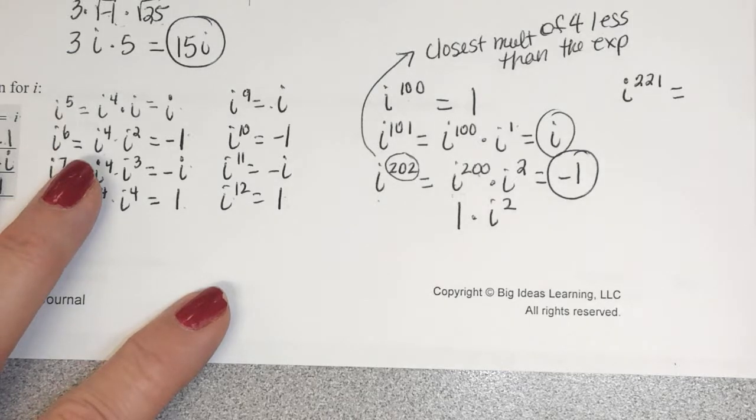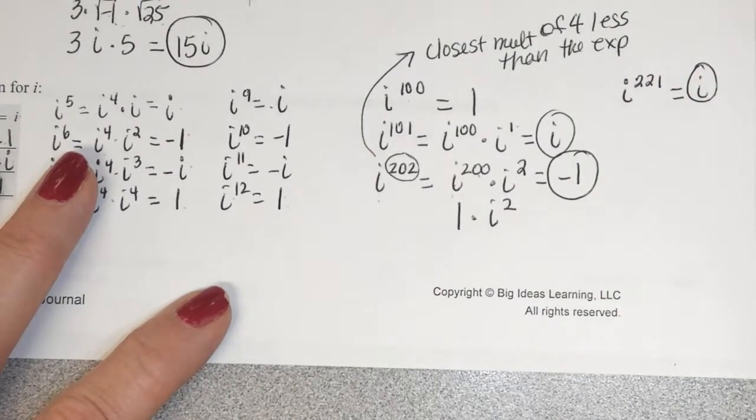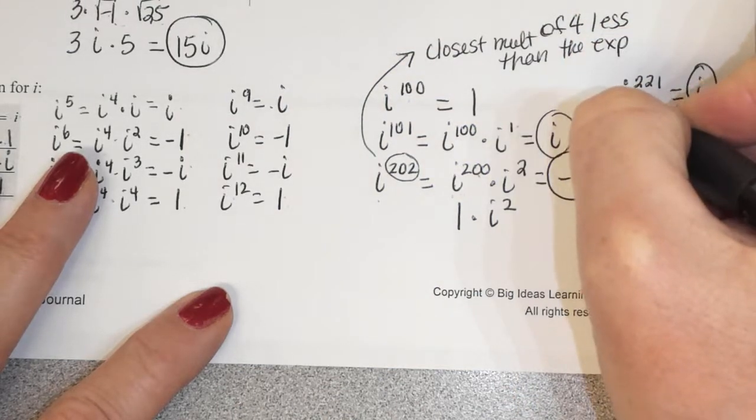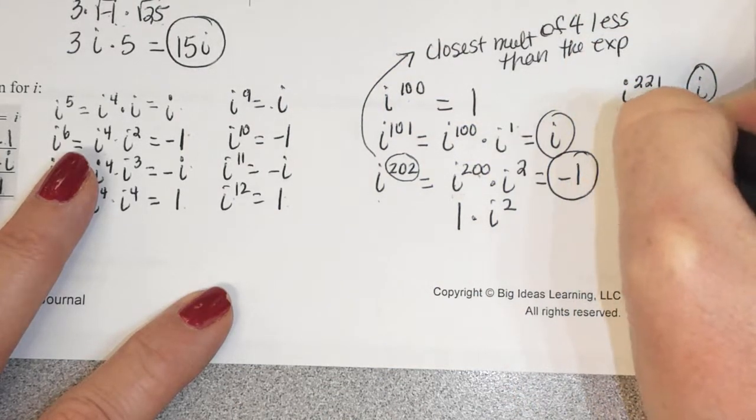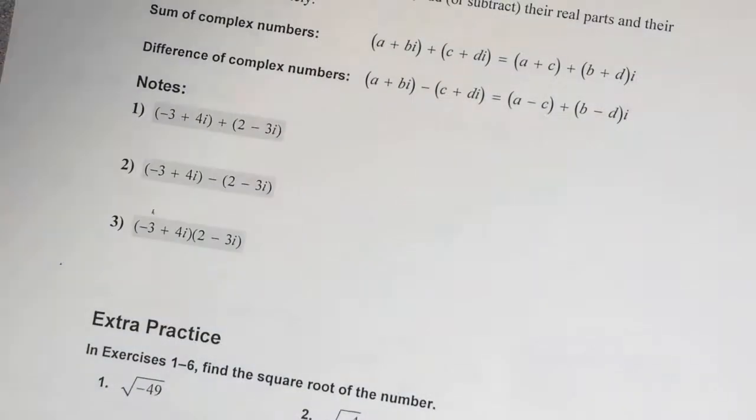So what are you going to say, Maren? i. Yep, that's i. Did you do it on the calculator, or did you just use that rule? Because we know that this is i to the 220, which is divisible by 4, so then it's going to be just i. All right, good job, guys. That can be tricky for people.